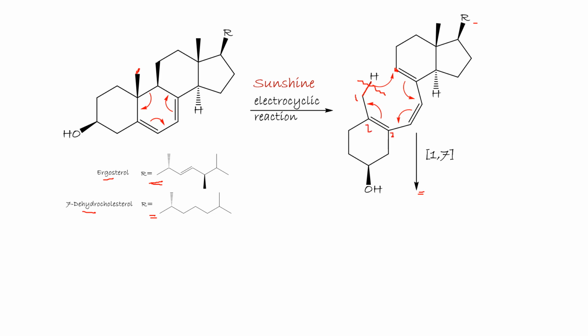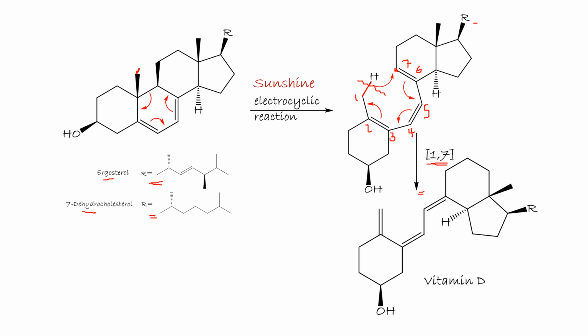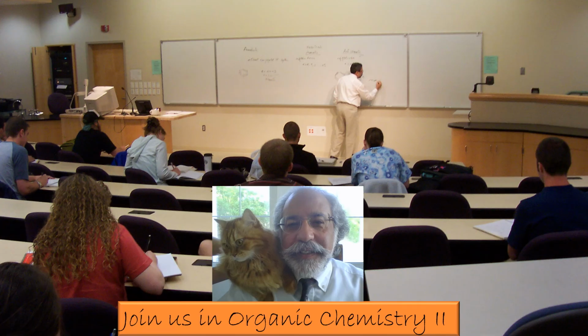So it is a [1,7] sigmatropic rearrangement to furnish vitamin D, D2 and D3. Okay, first electrocyclic ring opening, followed by [1,7] sigmatropic rearrangement. See you next lecture.